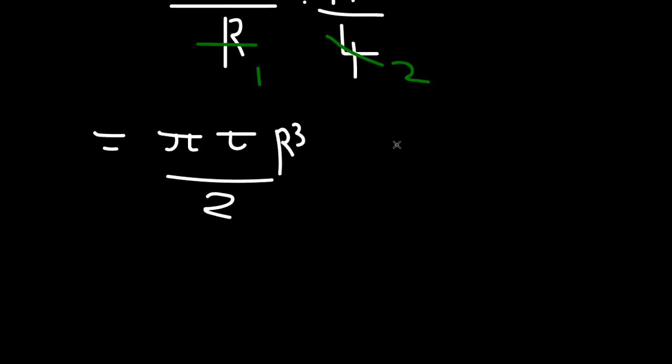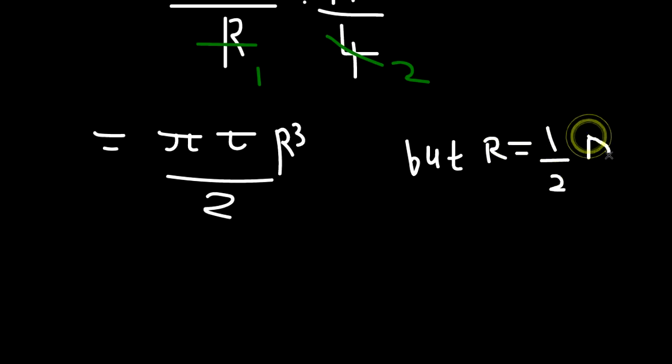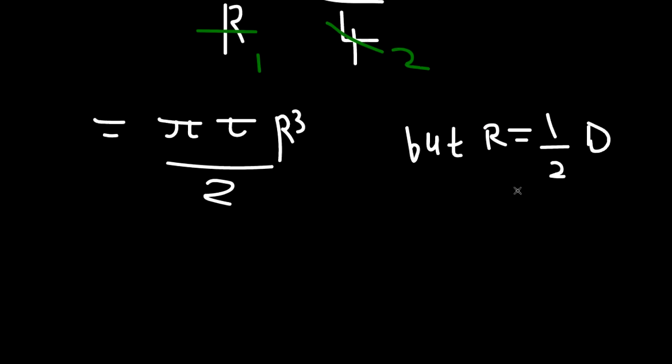But we know that r, which is the radius, is always equal to half the diameter d. So where there is r, we place d over 2.